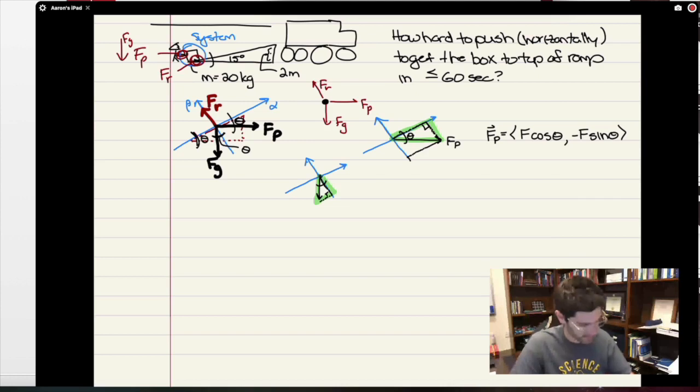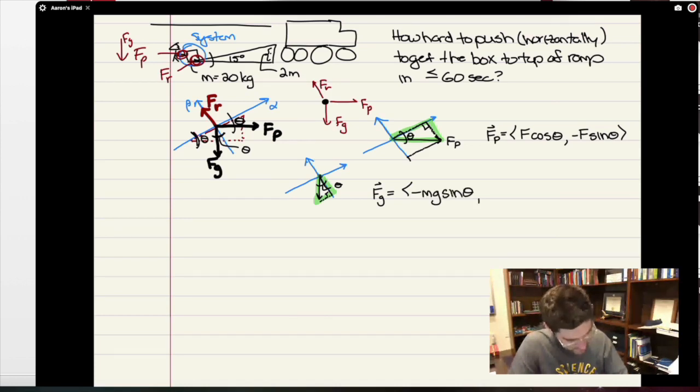Where we know this is a 90 degree, we know the other angle is theta, we're off and running. So then the force due to gravity, I claim the way it's drawn is going to be minus mg sine theta and minus mg cosine theta.